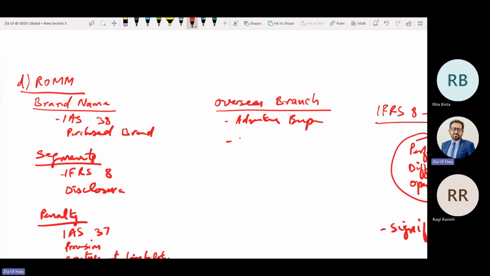Company has invested a huge amount in overseas branch, and if that branch is not operating successfully, it could create a cash flow issue for the company. So there are chances of misstatement if the cash flow issue is not disclosed properly in the financial statements per IAS 1.